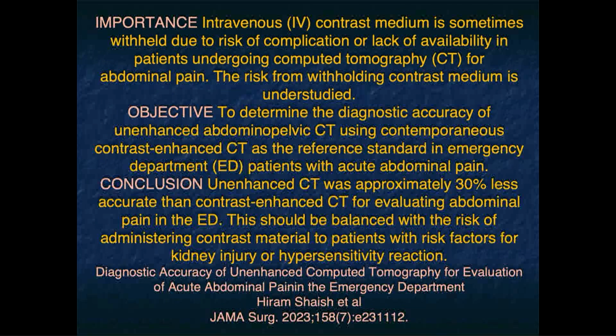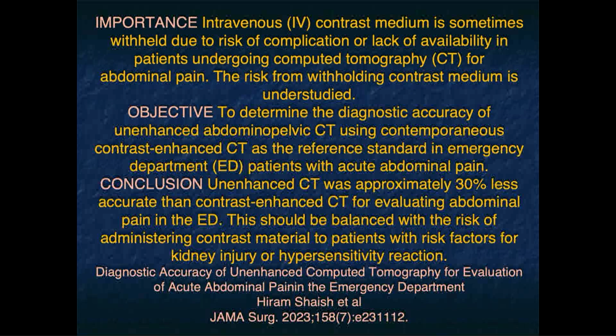There was an article published about 2 months ago that I think is very important for all of us, and many of you probably haven't seen it. It was published in JAMA Surgery, and it was written by a surgeon. They looked at the importance of IV contrast in patients getting CT in the ER setting for abdominal pain.